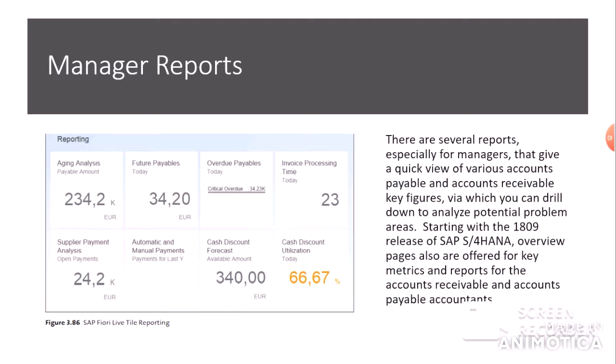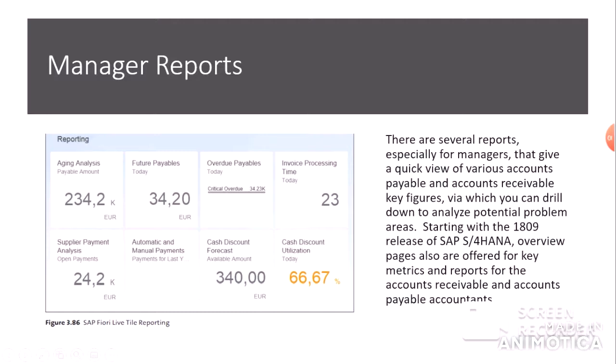So starting from 1809 release of SAP S/4 HANA, it offered key metrics and reports for accounts receivable and accounts payable. So if we see here, it is an SAP live tile reporting.